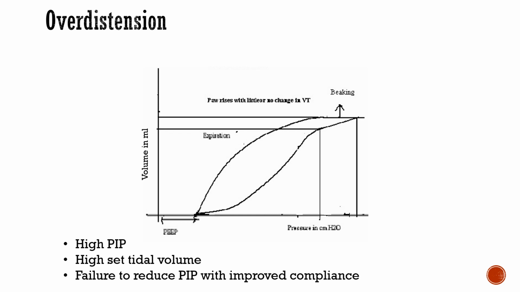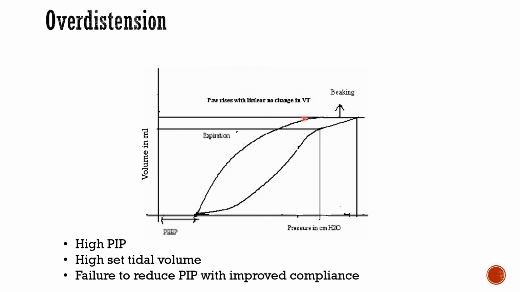Coming to overdistension, on our volume pressure loop we see this as beaking of the curve, owing to our volumes being close to the total lung volume, and further increases in pressure hence do not lead to further increases in lung volume, leading to volutrauma and overdistension.